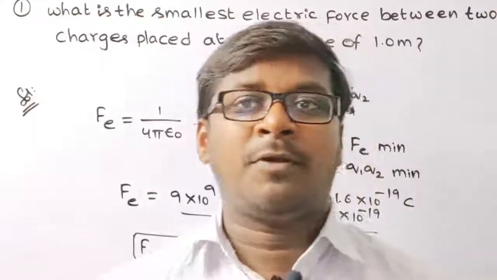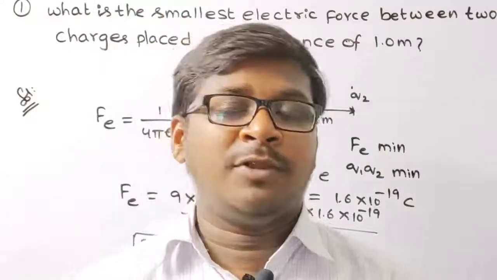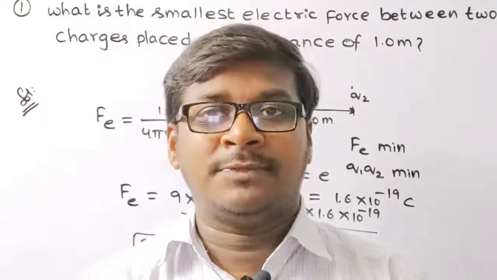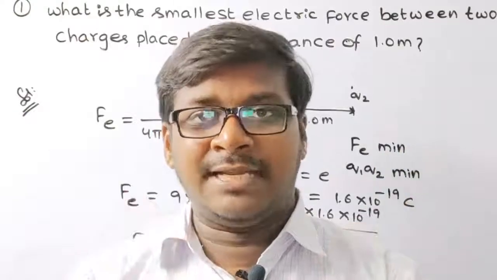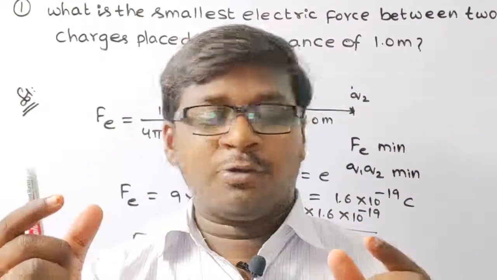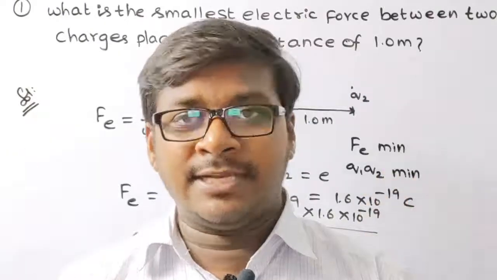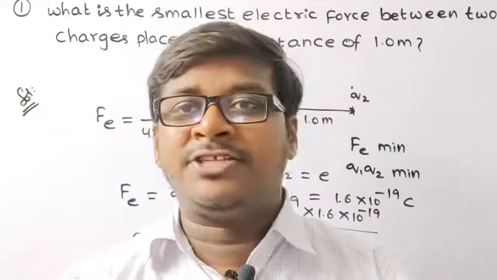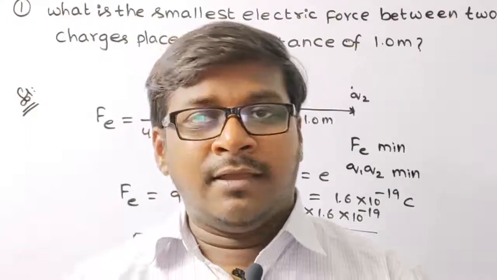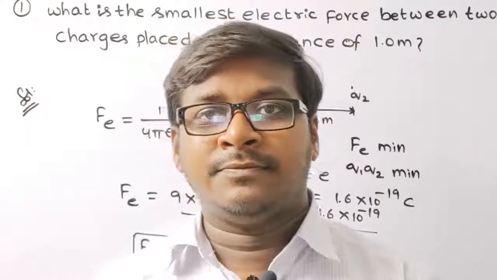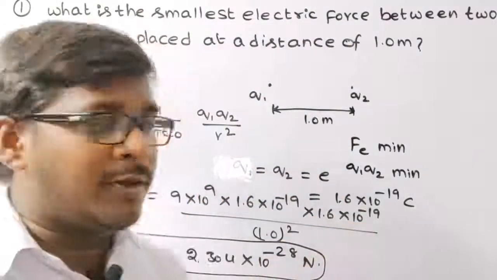Very simple problem. In this problem we only find the electric force between 2 point charged particles, Q1 and Q2, separated by a distance of 1.0 meter. According to Coulomb's law, Fe is equal to 1 by 4 pi epsilon naught Q1 Q2 by R square.